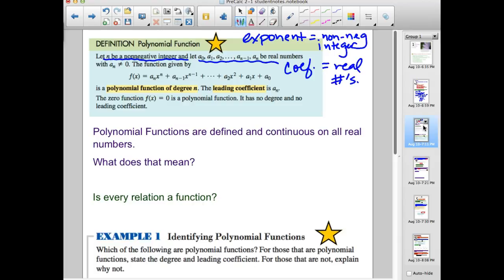We do have something called a zero function where we're just saying y equals 0. It is still considered a polynomial function, but we refer to it as having no degree and no leading coefficient. In our polynomial, the first number here is our leading coefficient, and the highest exponent here is our degree.